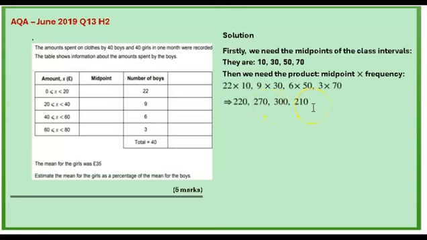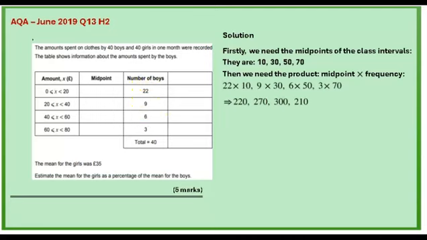Now we know that the mean value of the expenditure for the boys is found by adding the values in this column, all of them, that is 220, 270, 300, 210, and dividing by the sum of the frequencies.